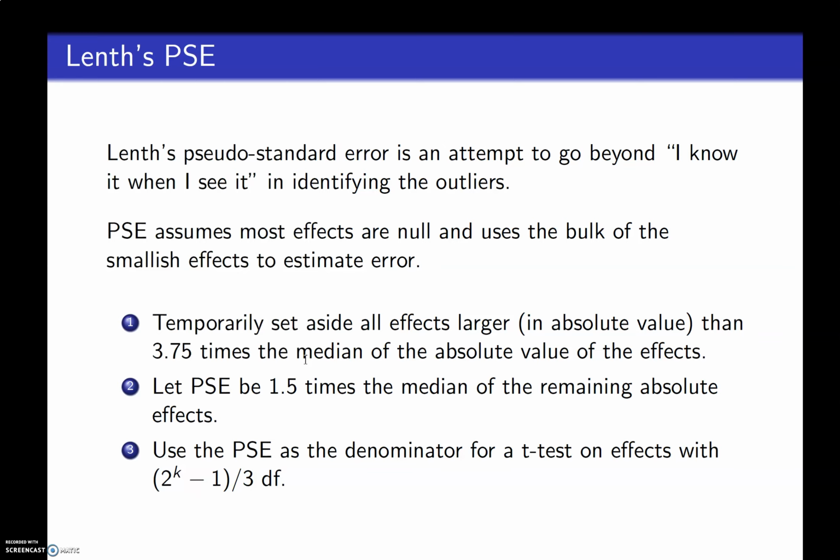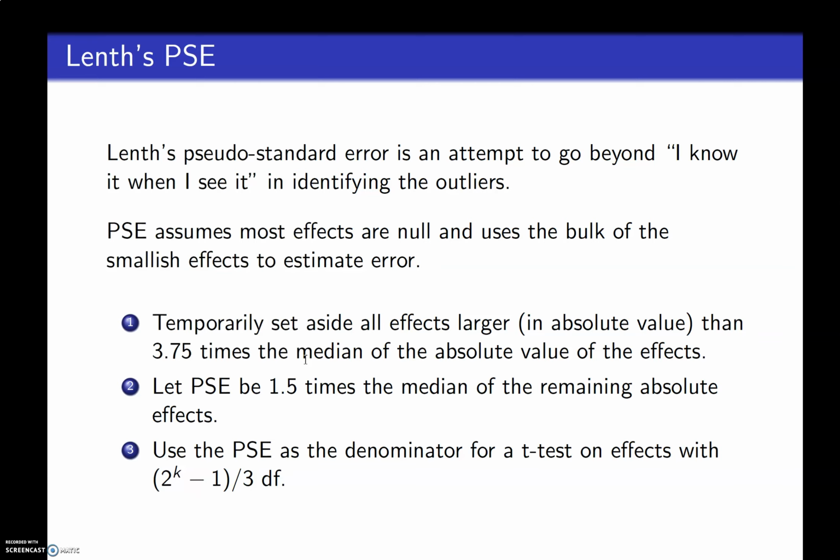The PSE, or pseudo standard error method, assumes that most effects are going to be null, and then uses the bulk of the smallish effects to then go back and estimate that error.